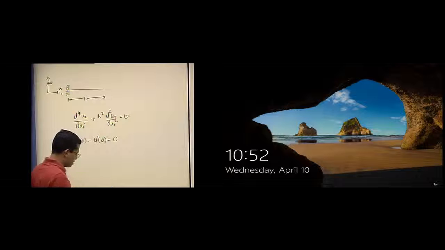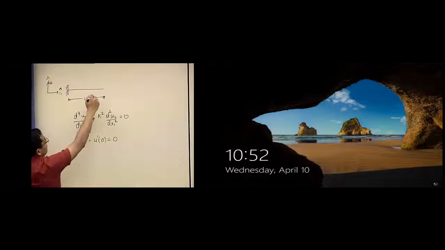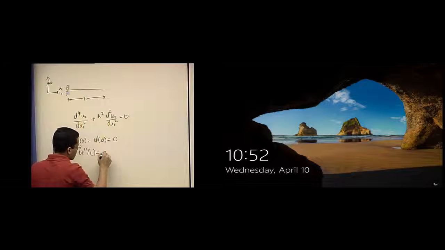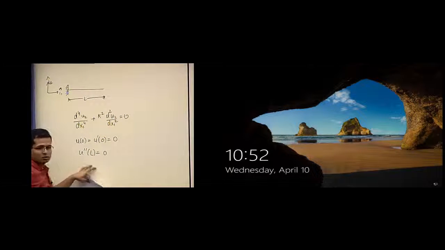So we have the slope and the deflection 0 at the left end. We have a free end at the right, so we have the moment at the right end 0.